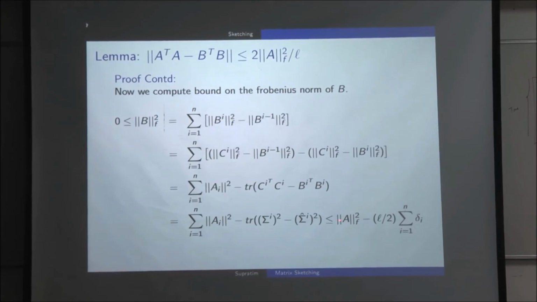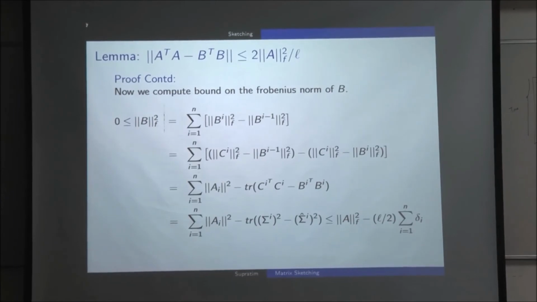So this would be less than or equal to Frobenius norm of complete matrix A minus L by 2 times sum over delta I, because in here what we are doing is that there are at least L by 2 elements from which we have actually deleted delta I value.